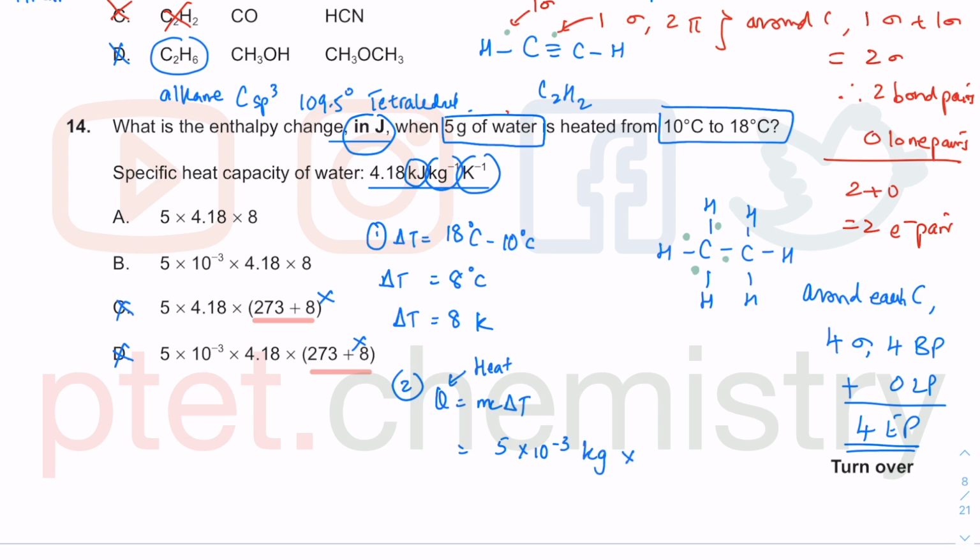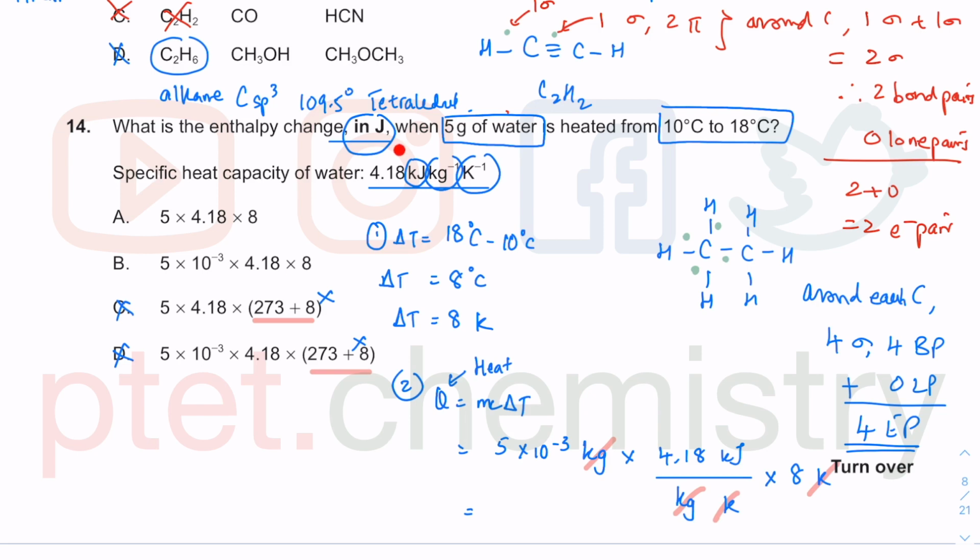And then you multiply that by heat capacity, which is 4.18 kilojoule per kilogram per Kelvin, multiplied by the temperature change of 8 Kelvin. You will see that Kelvin and Kelvin cancel, kilogram and kilogram cancel. You're going to get an answer which is 5 times 10 to the minus 3 kilojoule, but you want your answer in joule.